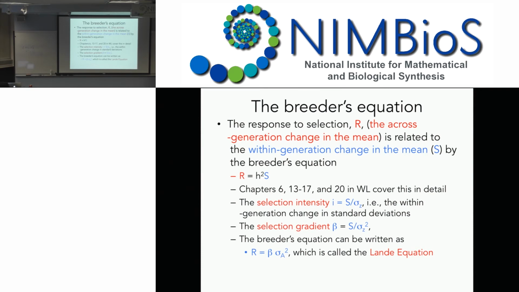If I have sexual crosses, only part of the genotype gets passed on, and the key concept is what gets passed on is the breeding value. The variation in breeding value is given by the additive variation. The heritability is the fraction of all variation due to variation in breeding values. If that number is large, the phenotype is a good predictor of the breeding value. If that number is small, the phenotype is a poor predictor of the breeding value.